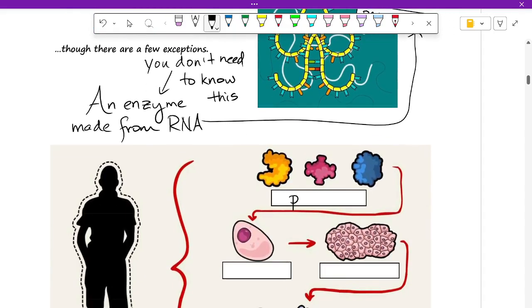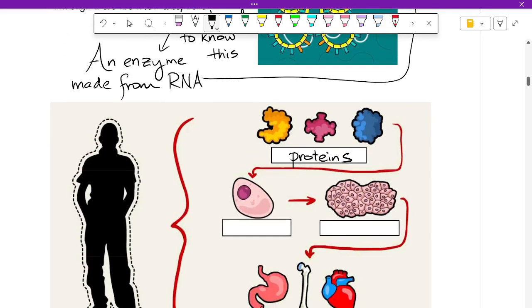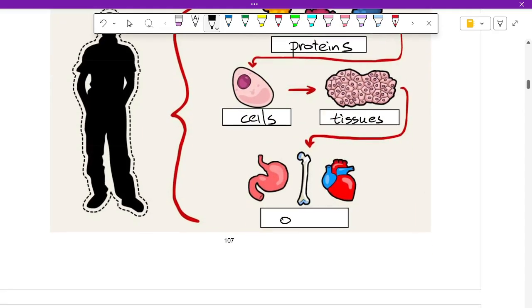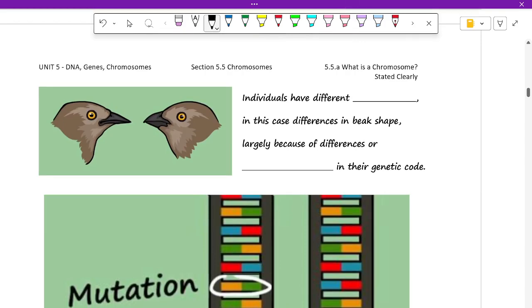So we have proteins. Proteins make up cells. Cells make up tissues. Tissues make up organs. Individuals have different traits.